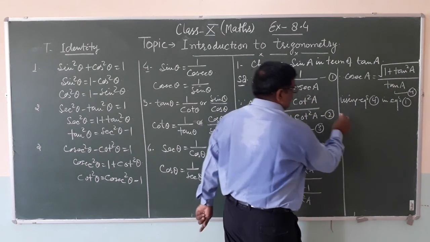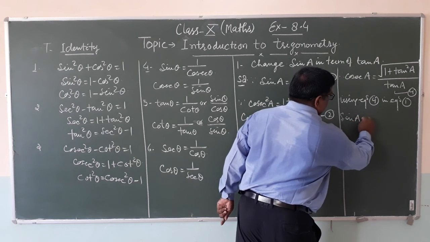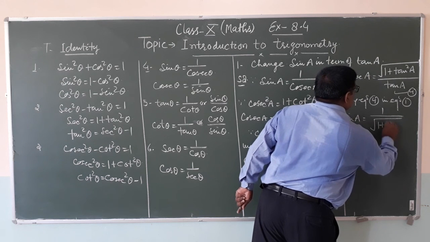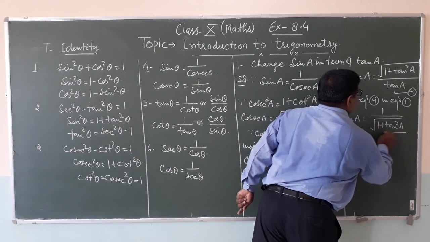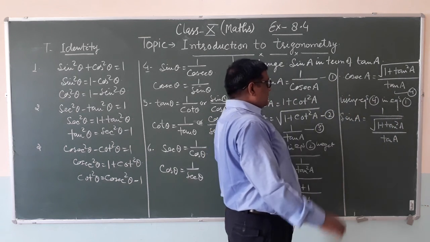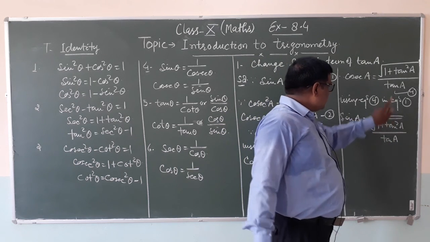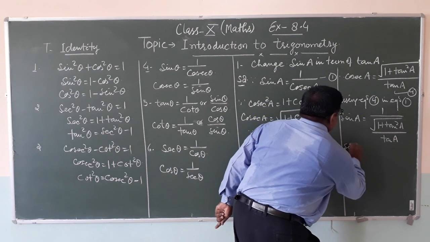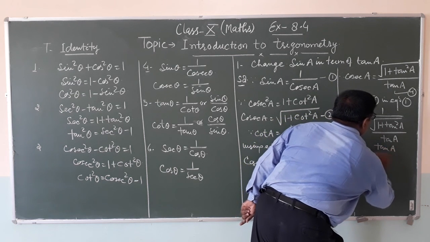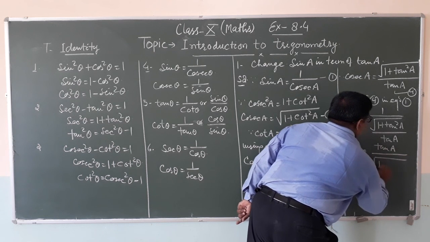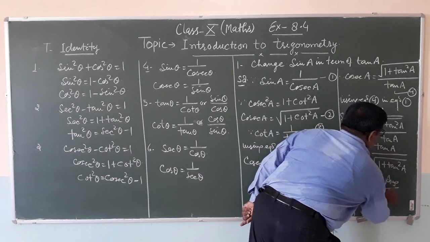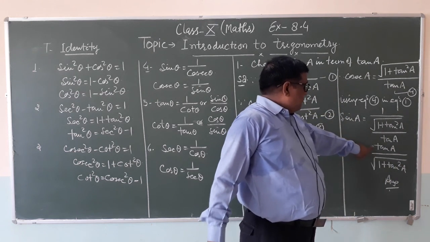So the formula is sin A is equal to 1 upon root of 1 plus tan square A, whole upon tan A. Now tan A is going in the numerator, that is tan A into 1, that is tan A. So sin A is equal to tan A upon root over 1 plus tan square A. So we have changed sin A in terms of tan A.